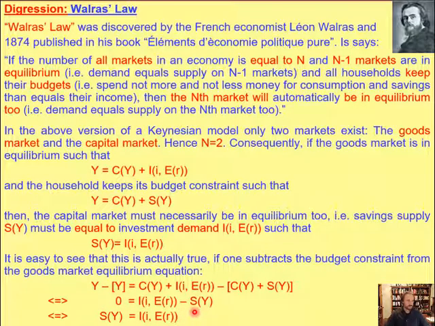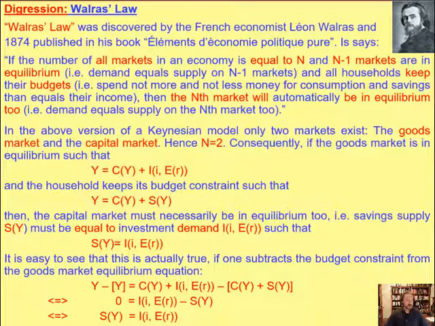Now we can take savings on the other side of the equation. We add plus savings, so it disappears on the right side and reappears with a positive sign on the left side. And then we have the equation that savings must be equal to investment.